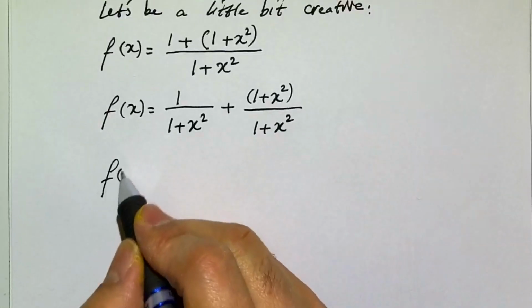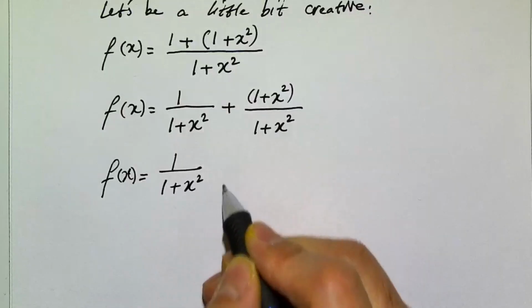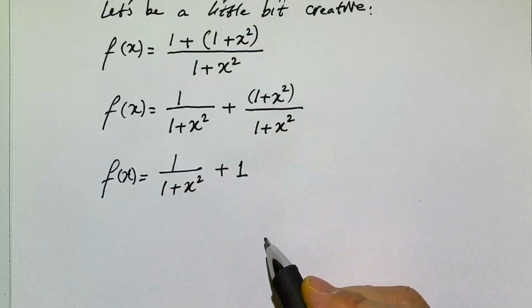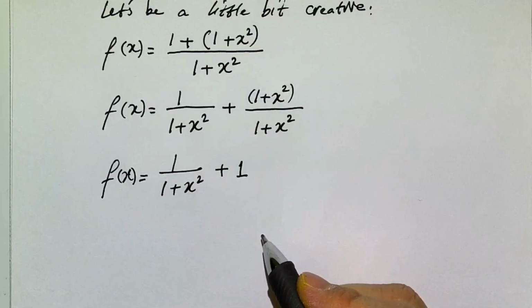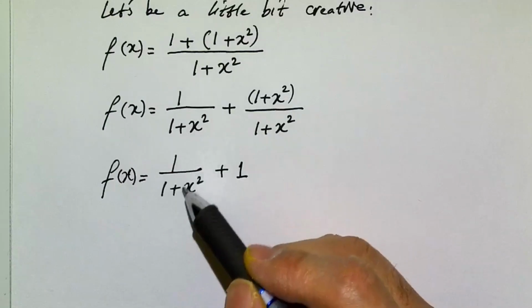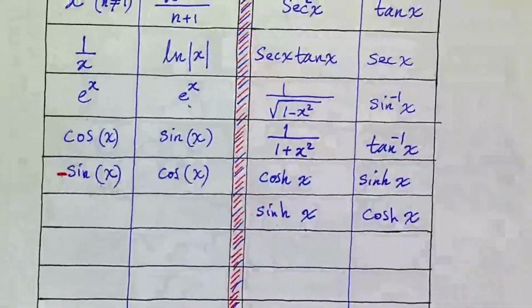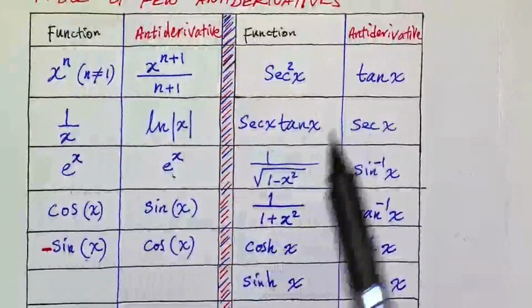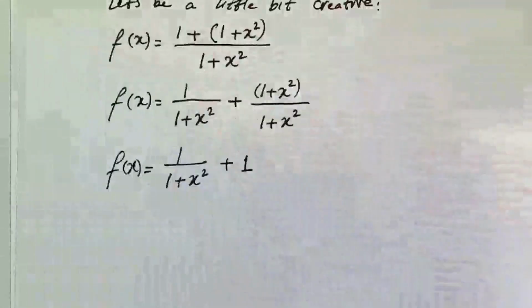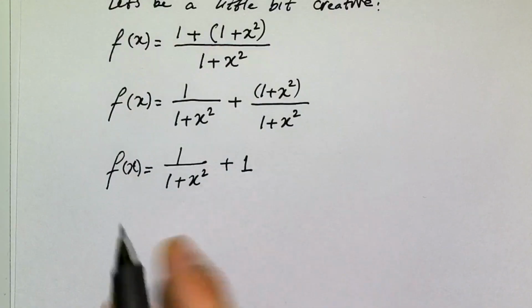So we have f of x equals 1 over 1 plus x squared plus 1. And now this piece has an antiderivative that we like because it's in our table. If that's the function you have, the antiderivative is that. So we know that one is inverse tangent of x.